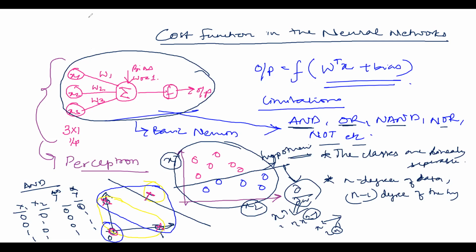So I can easily draw a hyperplane which can distinguish between the two classes. Now NAND will be something like this: 1, 1, 1 and 0. So this will be 0, this will be 1. This is my NAND. Here this is one class, this is my another class. You can get a hyperplane over here.